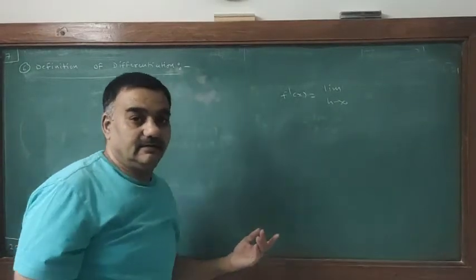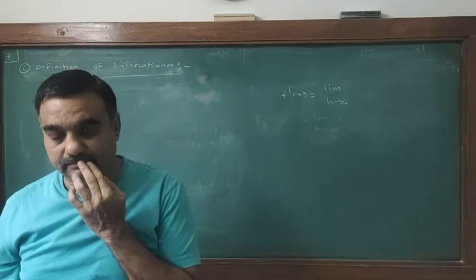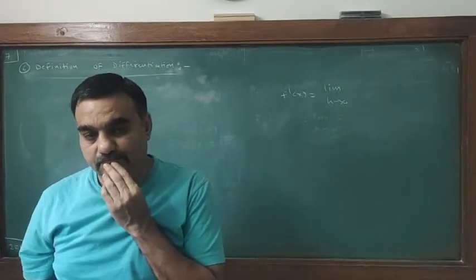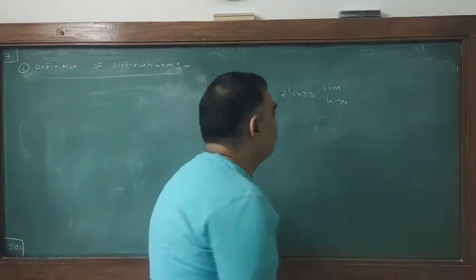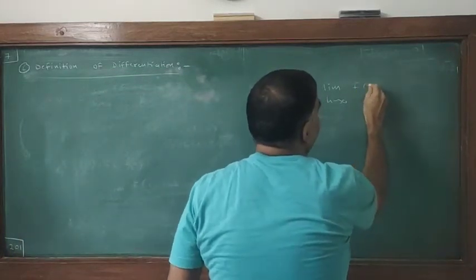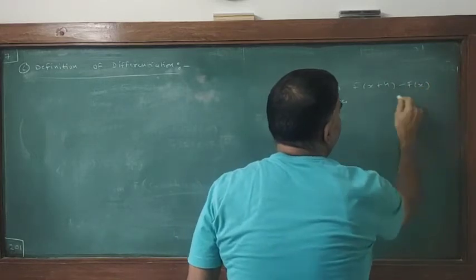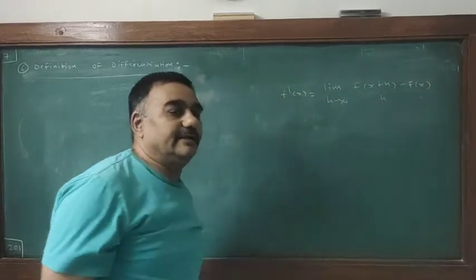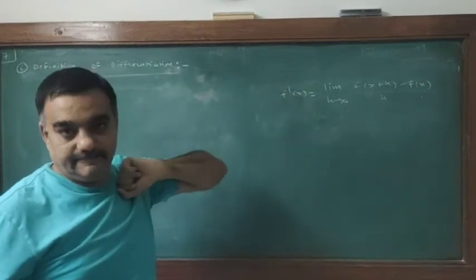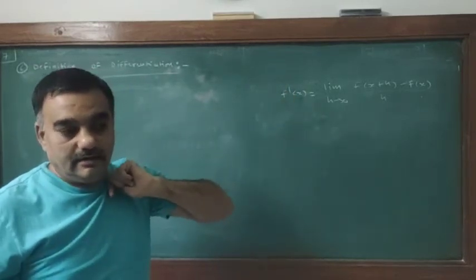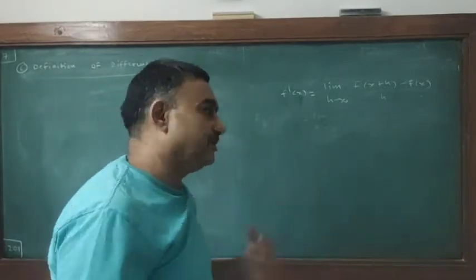Just recall, I give you a hint: f of x plus h minus f of x upon h. This is the definition of differentiation of the function f at point x. You should remember this.